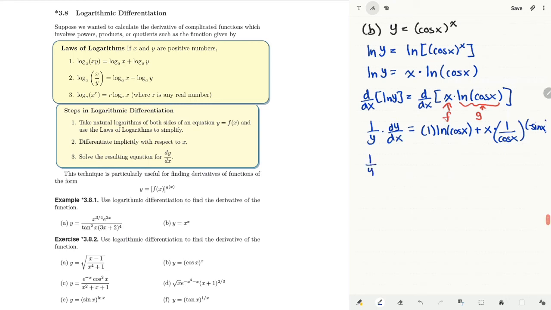So let's simplify the right-hand side. We have the natural log of cos x minus x times sine x over cos x, which is also equal to the tangent of x.